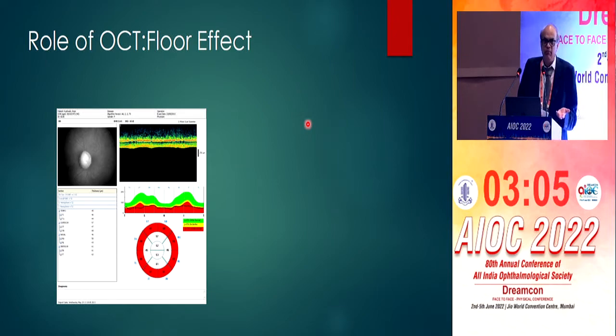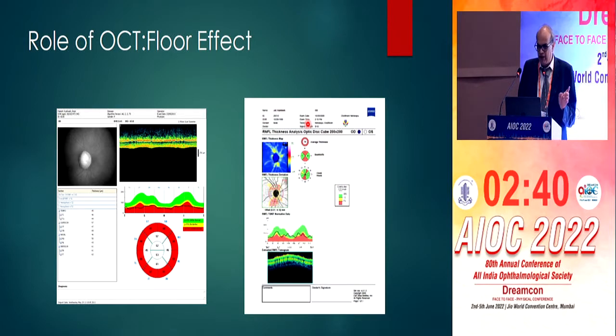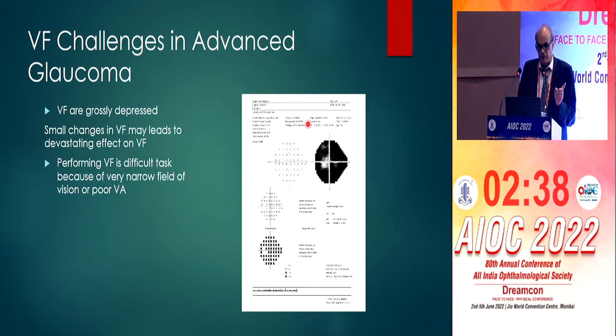Because of the glial tissue and the blood vessels, the floor effect in the OCT comes at a pretty early stage, and below 40 micron, you cannot pick up any defect, and you have to leave it like that. Perimetry is not at all useful in all those patients who have RNFL thickness less than 40 micron, so the perimetry is useless.